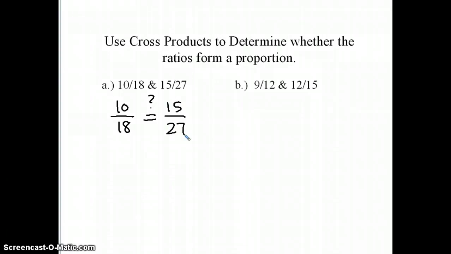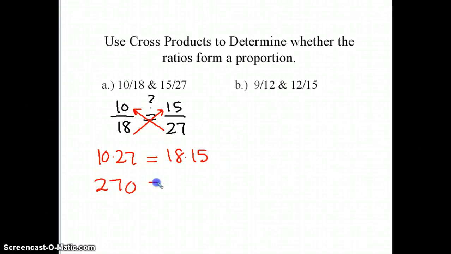So I'm going to use my cross products rule, and I'm going to say 10 times 27 is equal to 18 times 15. When I multiply 10 times 27, I end up with 270. When I multiply 18 times 15, I end up with 270. This is, yes, a proportion.